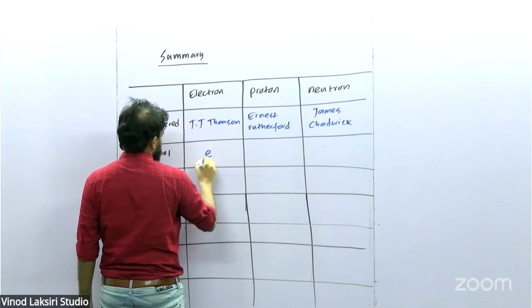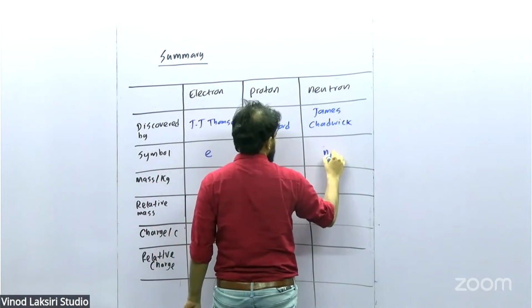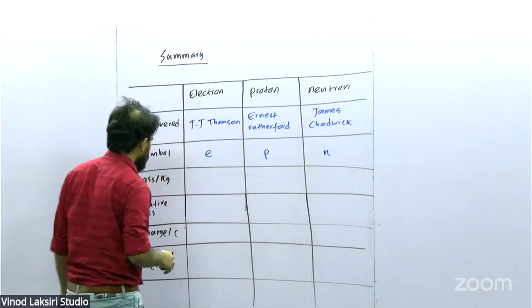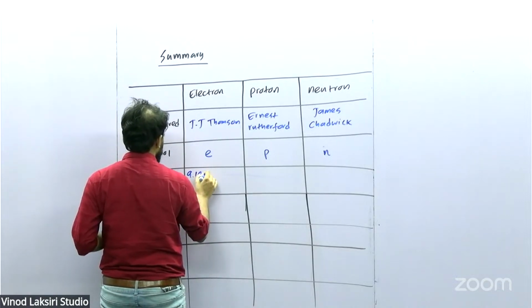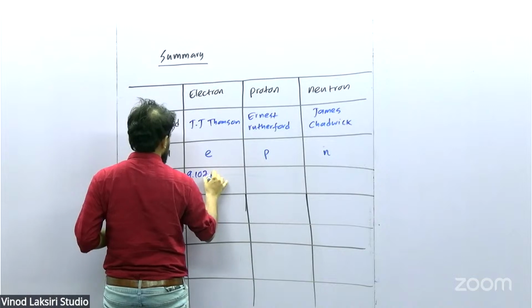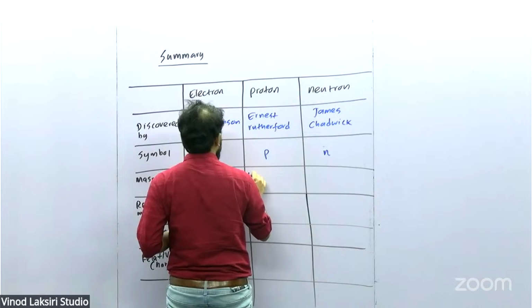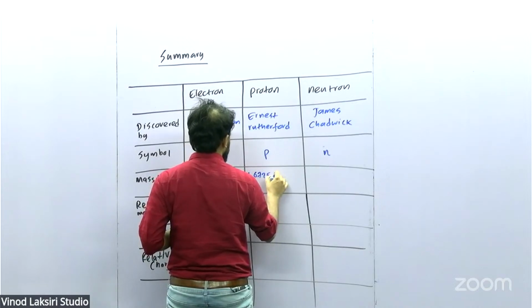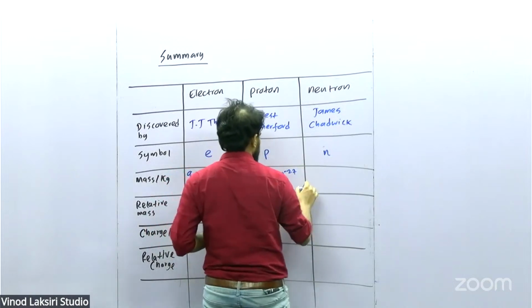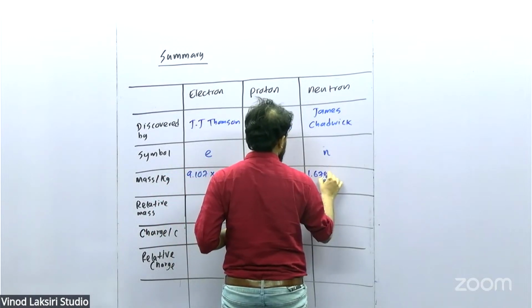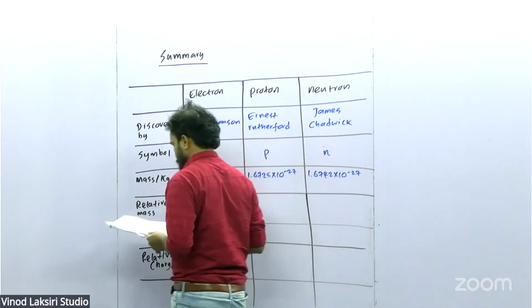So electron is represented by simple E, proton simple P, neutron simple N. The mass, no need to memorize: 9.107 into 10 to the power minus 31 kilogram, 1.6725 into 10 to the power minus 27 kilogram, 1.6742 into 10 to the power minus 27 kilogram.